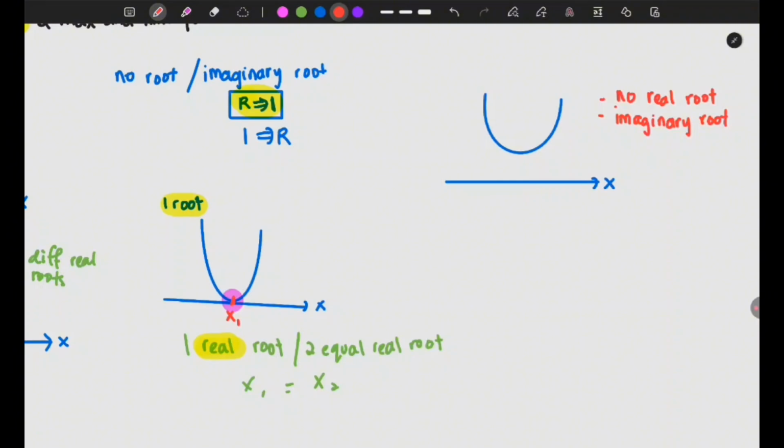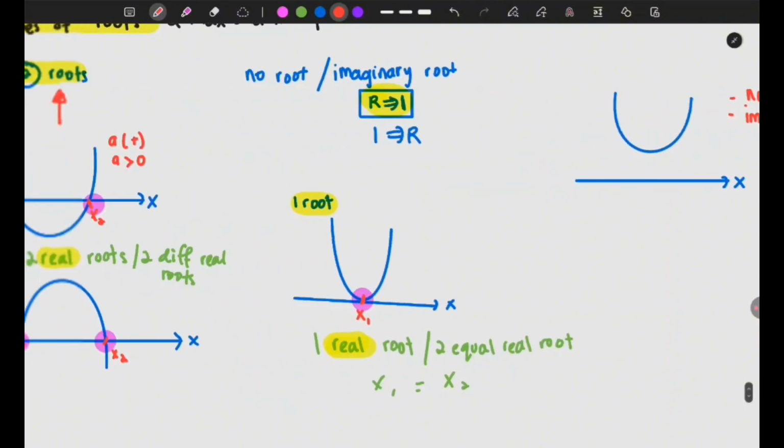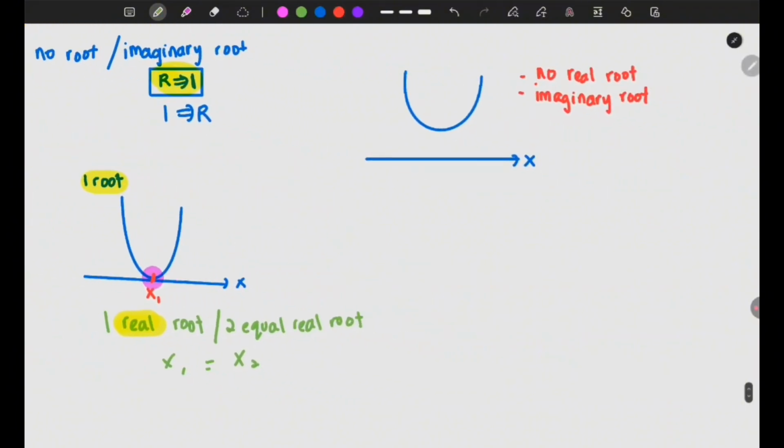And for each of the roots, we have an equation that can represent them. And the equation actually is taken from the quadratic formula. So the quadratic formula, I hope you guys still remember, but just in case people forgot, I write it here. x equals negative b plus minus square root of b square minus 4ac, over 2a.